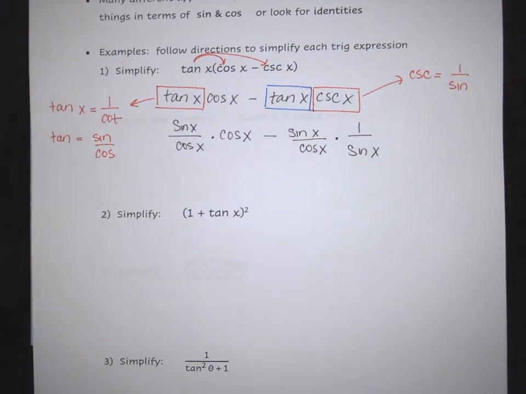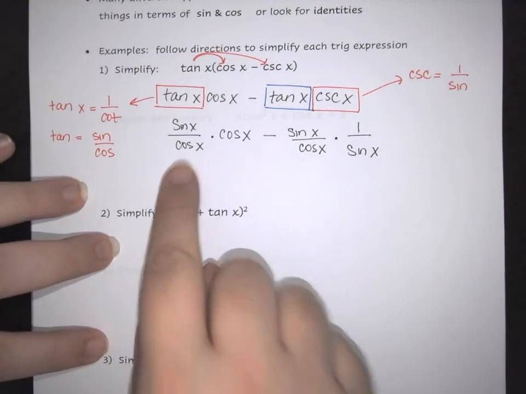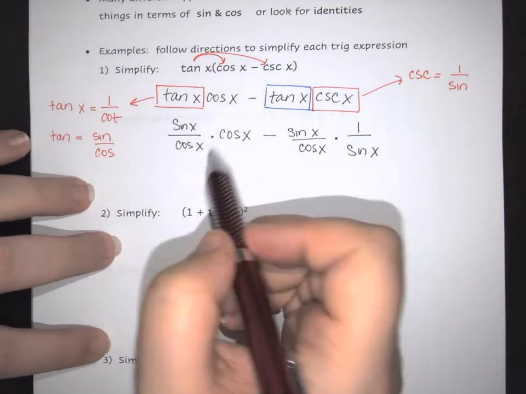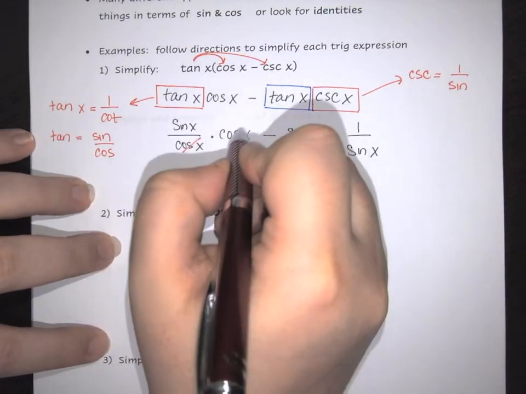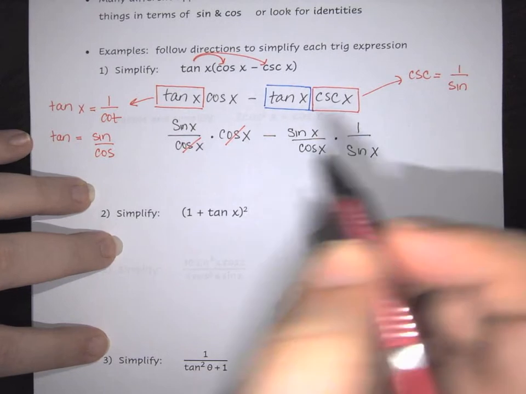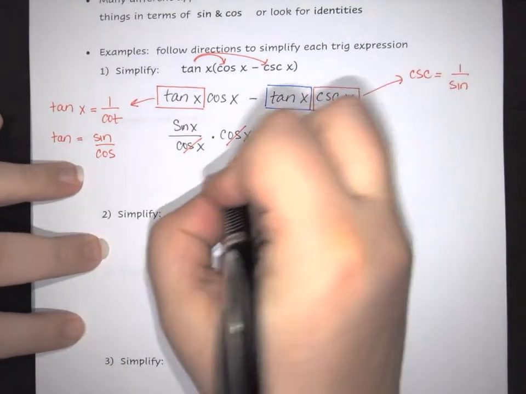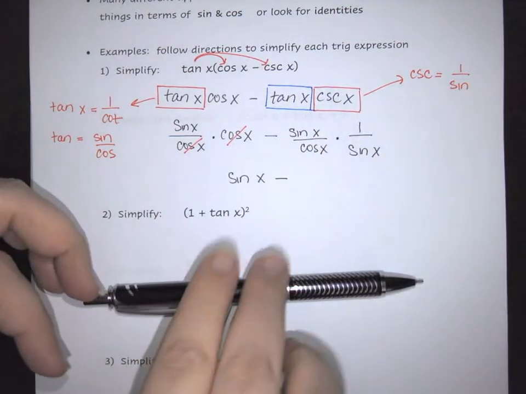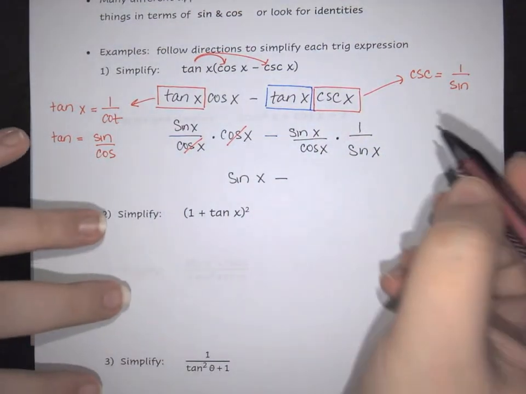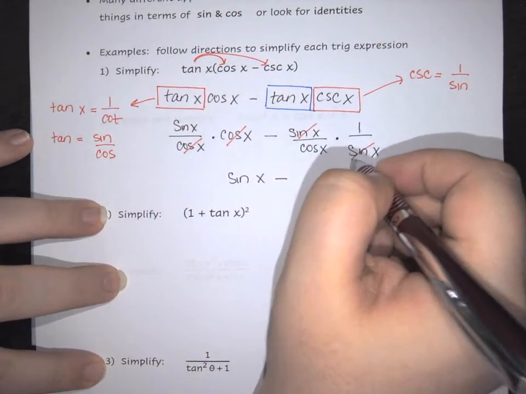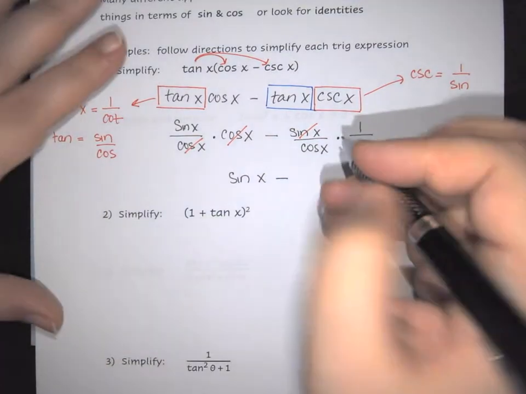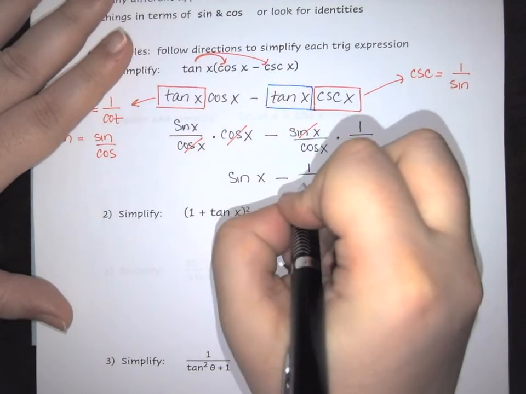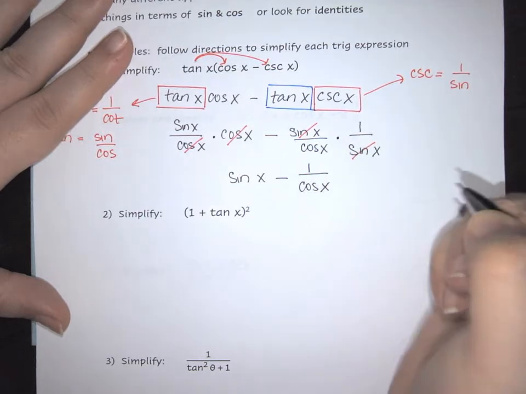Now if we look at both of these as a straight problem, one of the things that you'll notice is that I can cancel out my cosines, and that simply leaves behind my sine of x. And on the other side, I can cancel out my sines, which leaves behind 1 over the cosine of x.